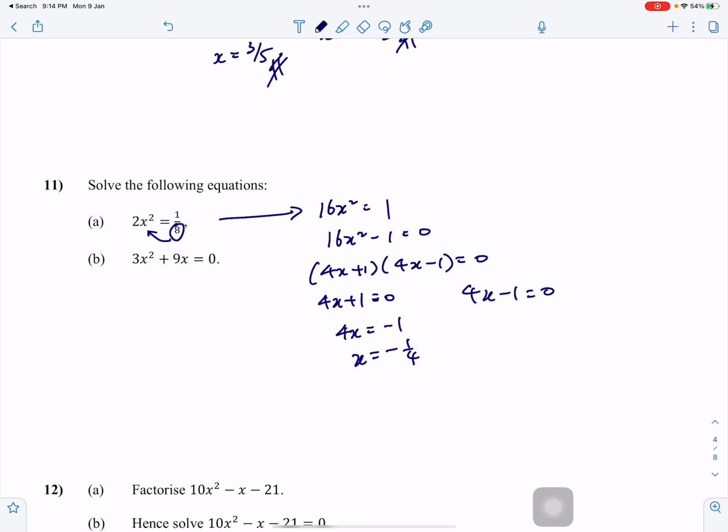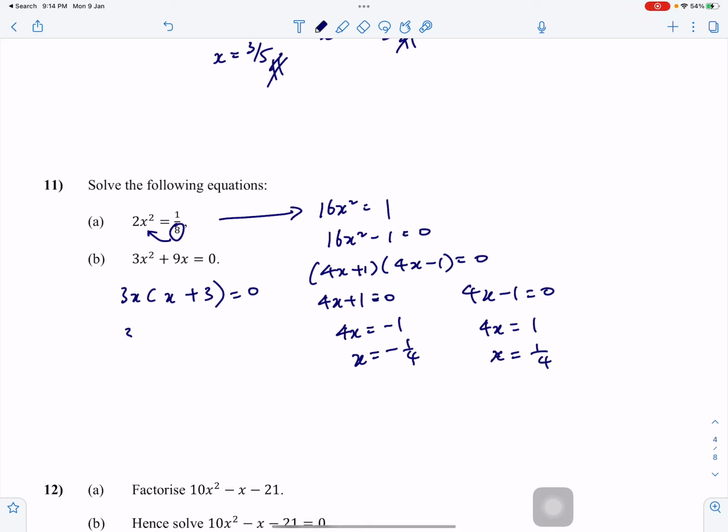There's no magic formula in finding out, oh, it's so difficult to understand why this is so. The more you expose yourself, the better it gets. Okay, question number 11b.